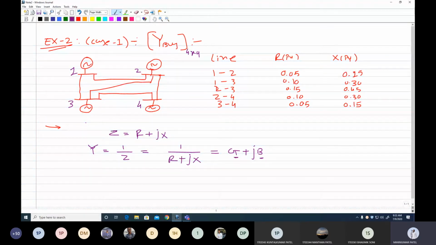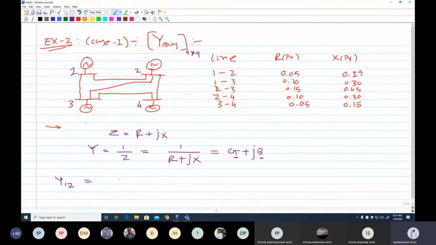I will show you the first calculation, then the rest of the calculation you have to do by yourself. Let's start with the calculation of Y12.